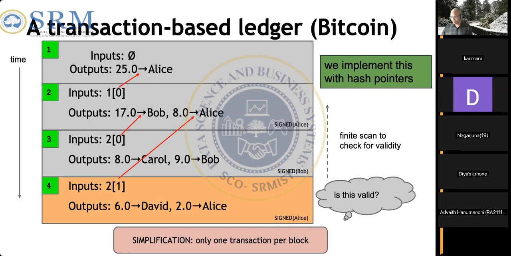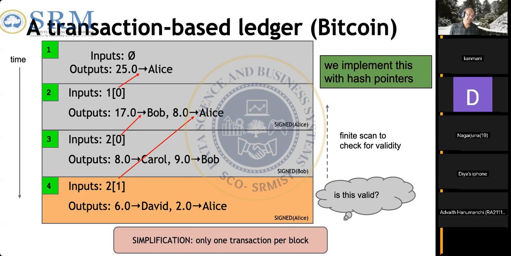So that is the advantage with the transaction-based ledger, because you have only finite scans to do. At the most, you will go one step. If you have multiple inputs, let's say you have three inputs here, you will look into 3 transactions, and then you're done. There is no way you need to go back to the genesis block and verify, because this advantage is offered by the immutable coin design, right?